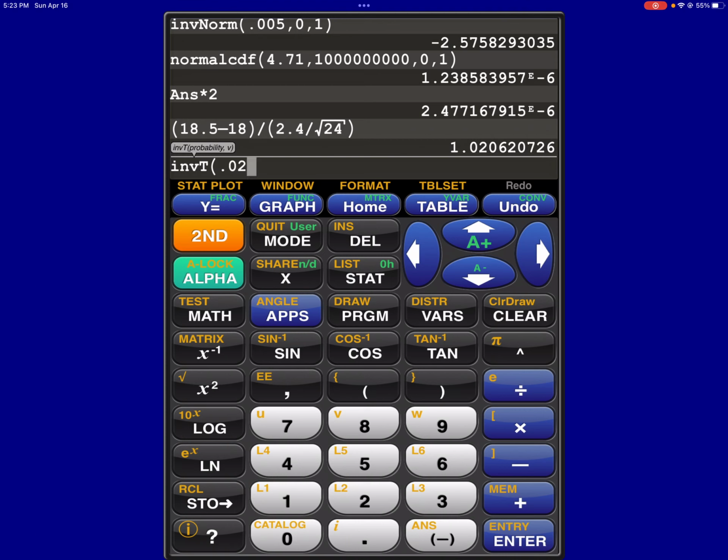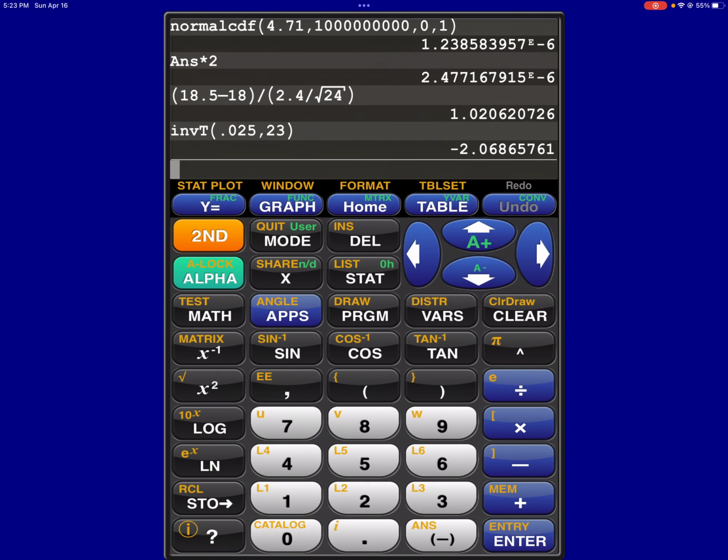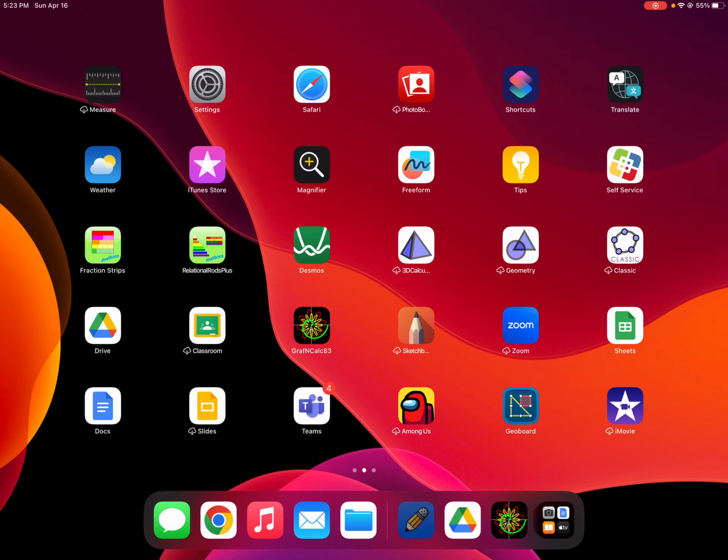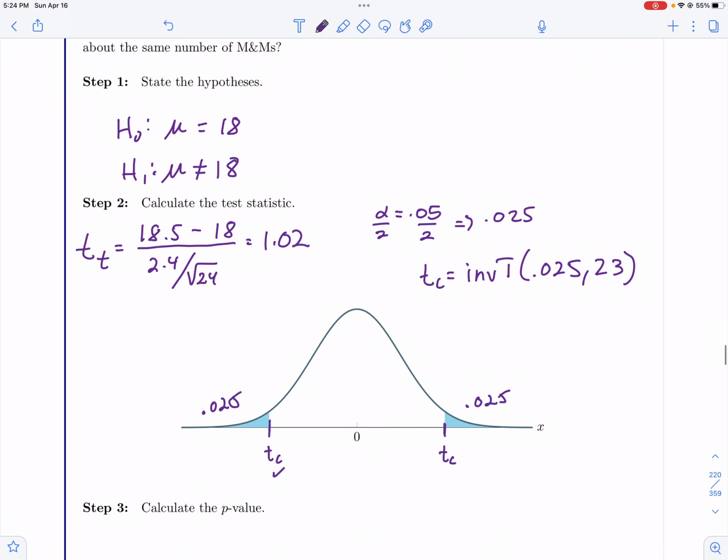Inverse T, 0.025, comma, 23. And so it looks like we've got negative 2.07 is going to be our lower comparison. So we've got negative 2.07 here, and then positive 2.07 there.